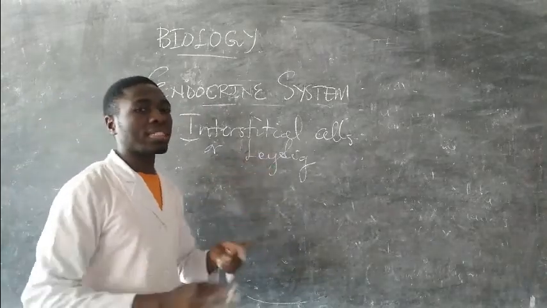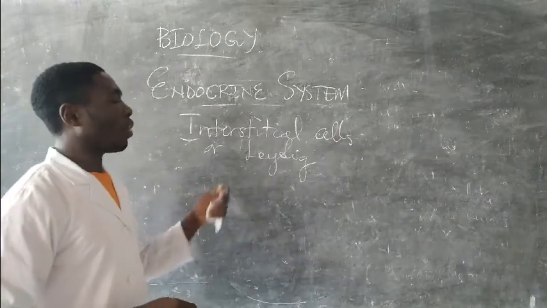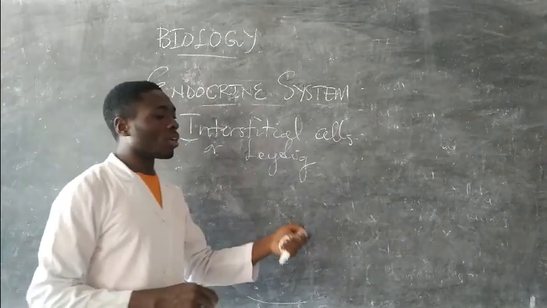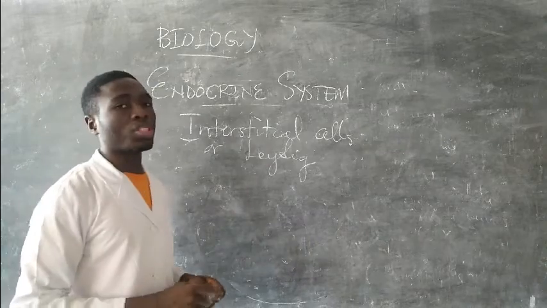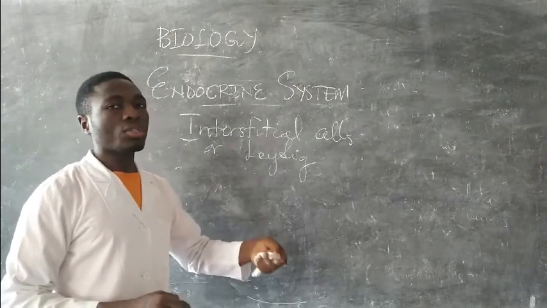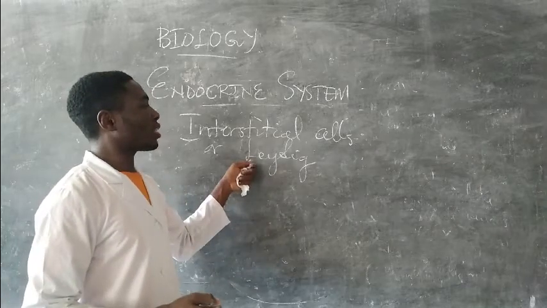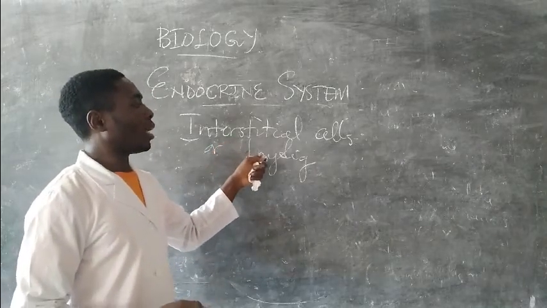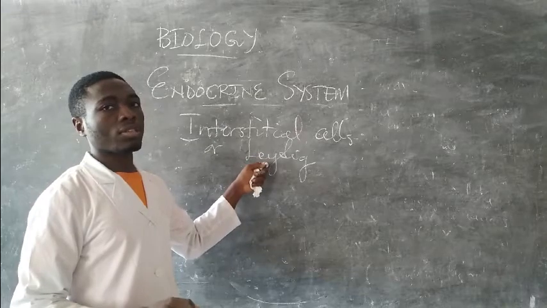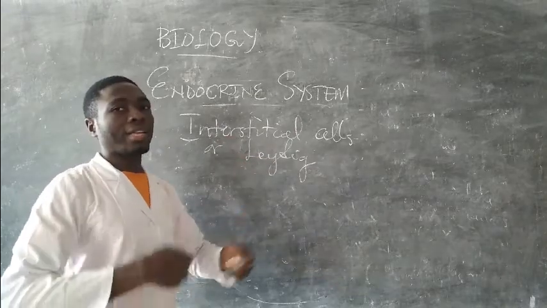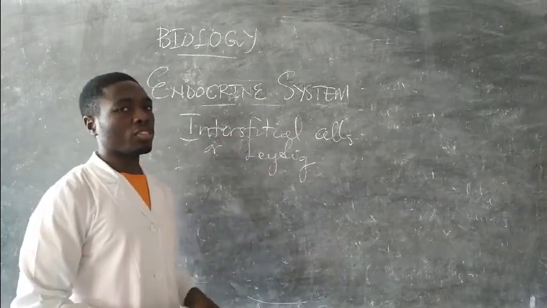Follicle stimulating hormone will cause the expression of androgen binding proteins on the Sertoli cells, which will help the testosterone secreted by the Leydig cells to bind and stimulate spermatogenesis.